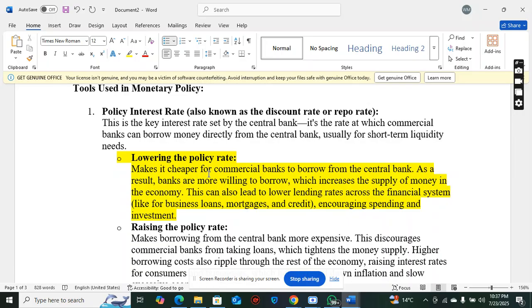And as they borrow, it means now they have enough money in their reserves to offer out as loans to people. Okay, so that's one thing the central bank can do with expansionary monetary policy: lower the policy rate or the discount rate.